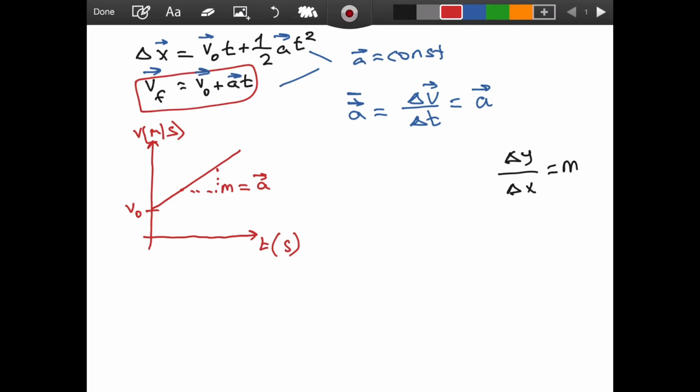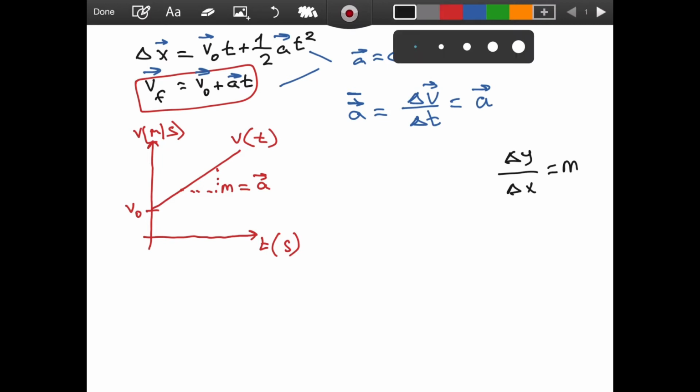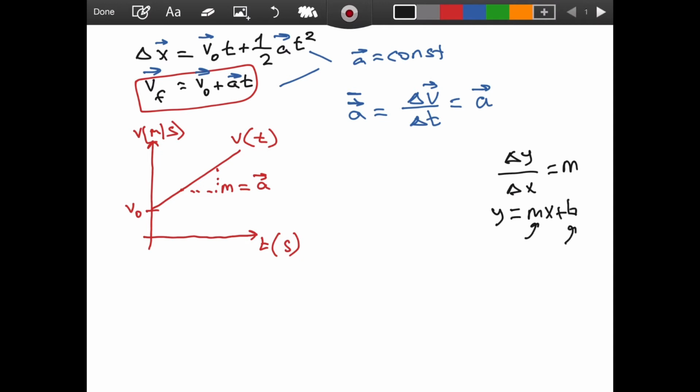It is simply going to be, if this is v of t, we will represent it in the slope-intercept form, which is, I'm writing the general math formula, y is equal to mx plus b, m is the slope, b is the y-intercept, x is the independent, and y is the dependent variable. So in this case we will have v of t is equal to, our m is, as I argued, the acceleration, and let's put the arrows as well.